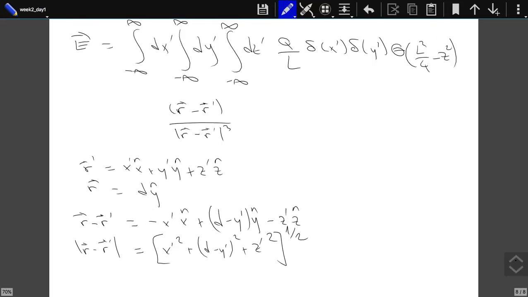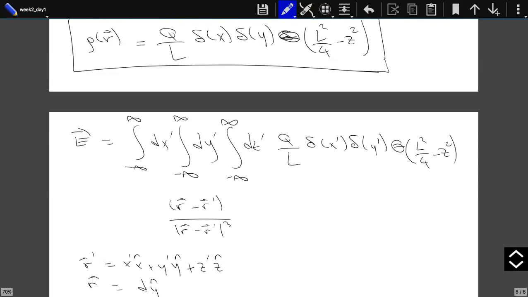Now let's put everything back. But in putting everything back, I will take the x prime and y prime integrals first, because there are already these Dirac delta functions of x prime and y prime. These Dirac deltas just tell me that whenever I see an x prime, I should put 0. Whenever I see a y prime, I should put 0 in my integrand.